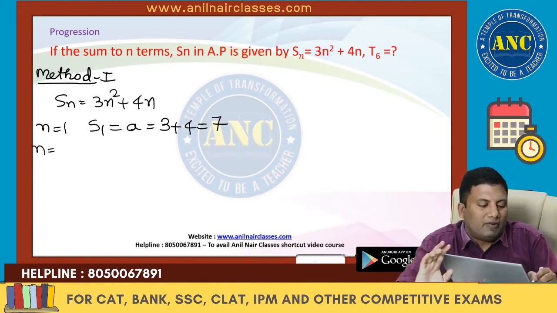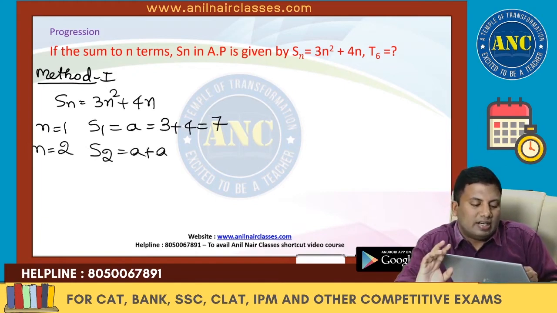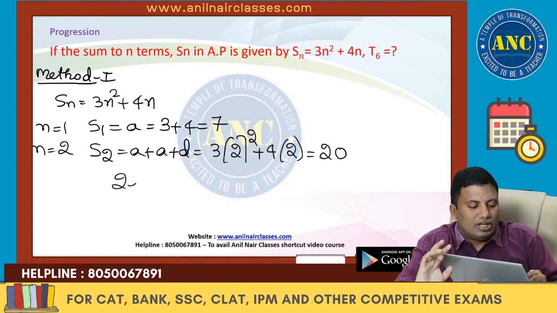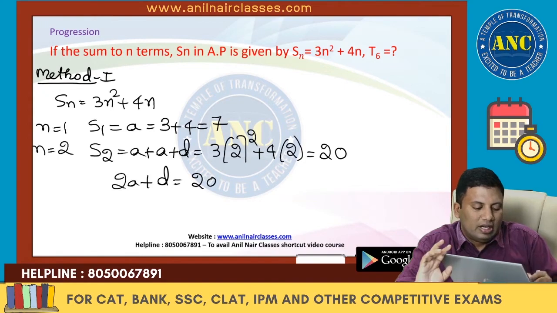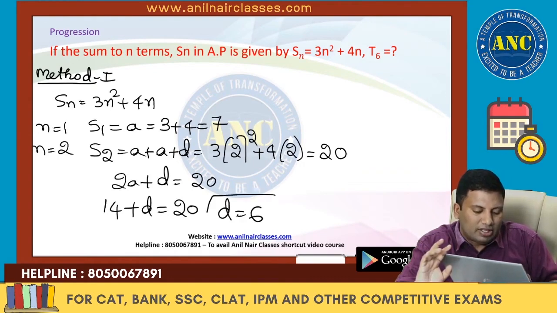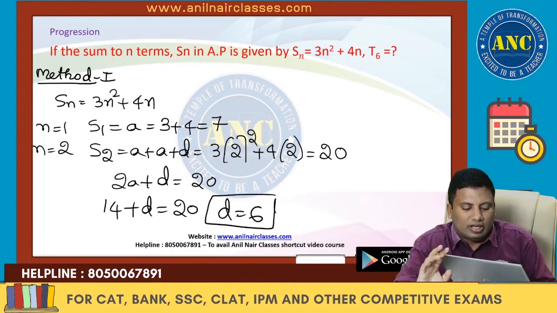If I put n value 2, sum of two terms, first term is A, second term will be A plus D, which is 3 into 2 square plus 4 into 2, which is 20. 2A plus D is nothing but 20. So 14 plus D is nothing but 20. D value is nothing but 6.